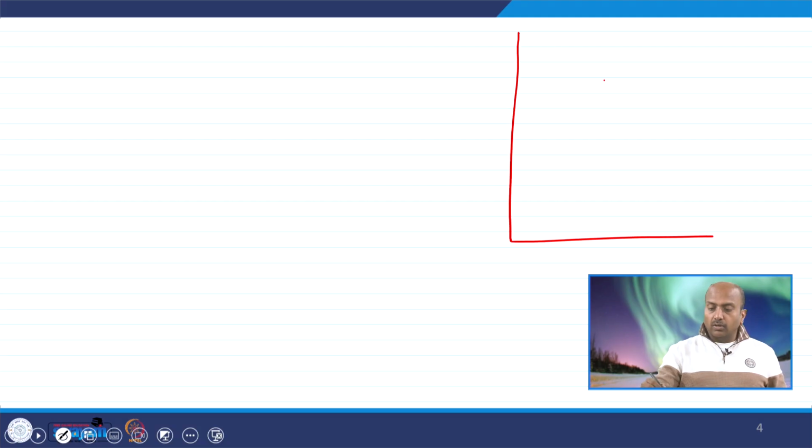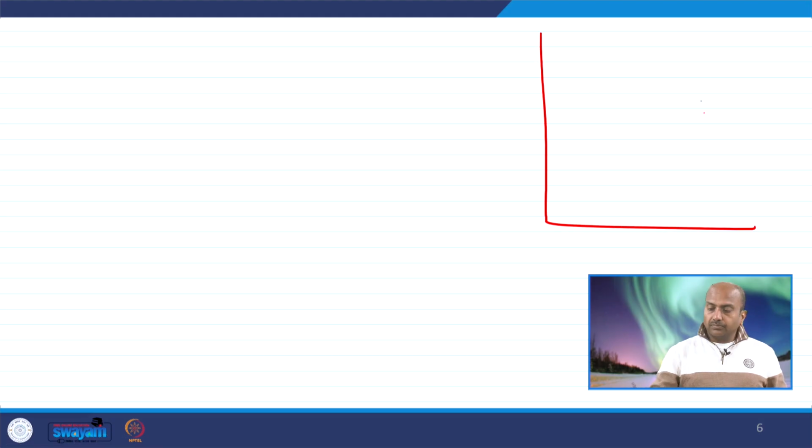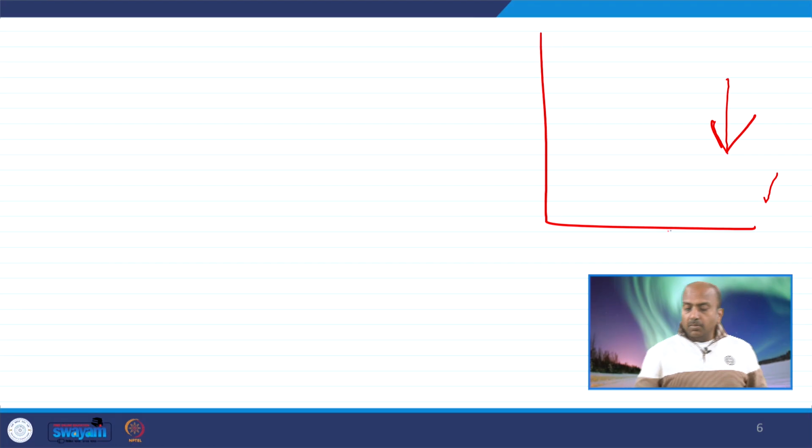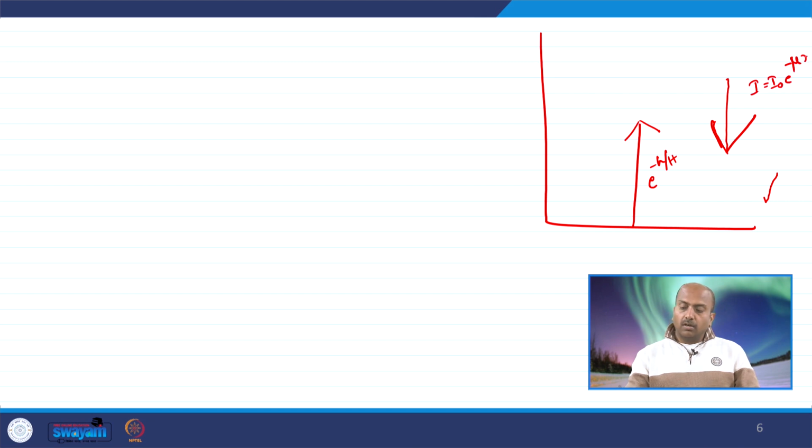So, the solar radiation that is coming inwards is attenuating as it travels downwards, and at the same time the number density, as you go up, is decreasing exponentially, exponential of minus h by H, and the incoming radiation I is equal to I naught e to the power of minus mu x.